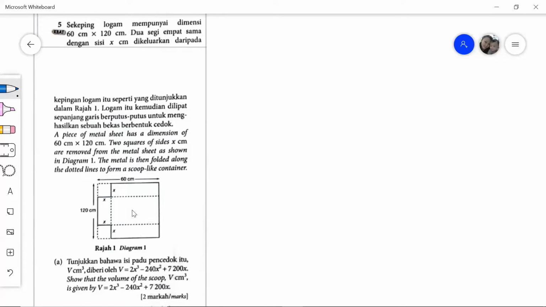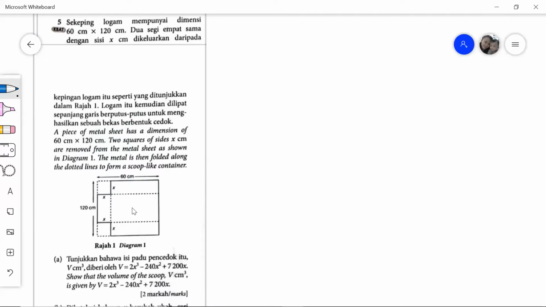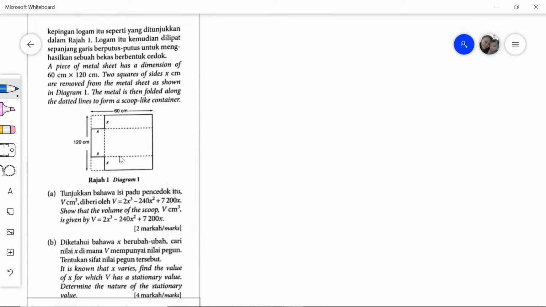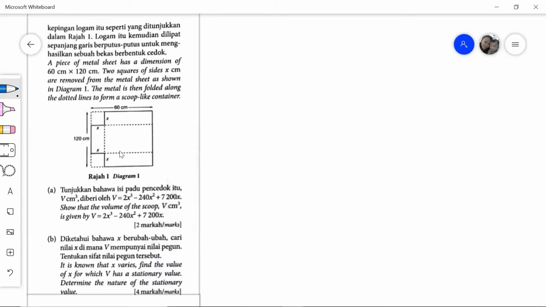Okay, let's just sketch the diagram so we have an idea of how it looks. When we fold this one, it will form the scoop that goes like this.